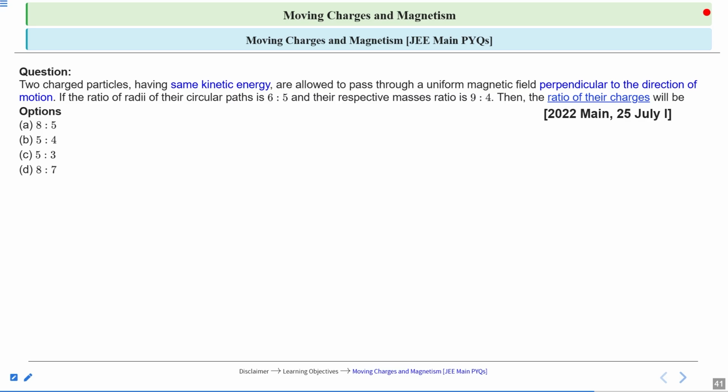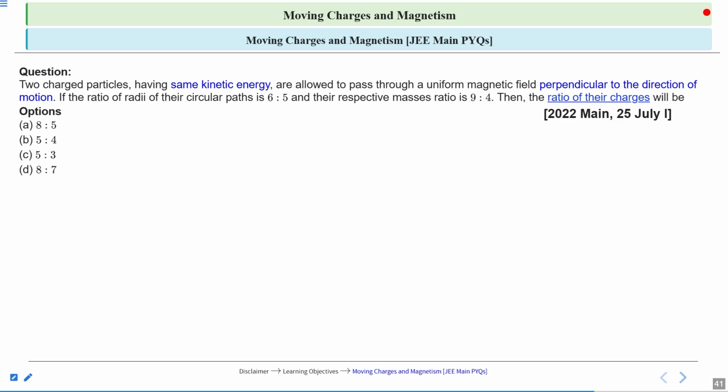If the ratio of radii of their circular paths is 6:5 and their respective masses ratio is 9:4, then the ratio of their charges will be, that thing you have to find.